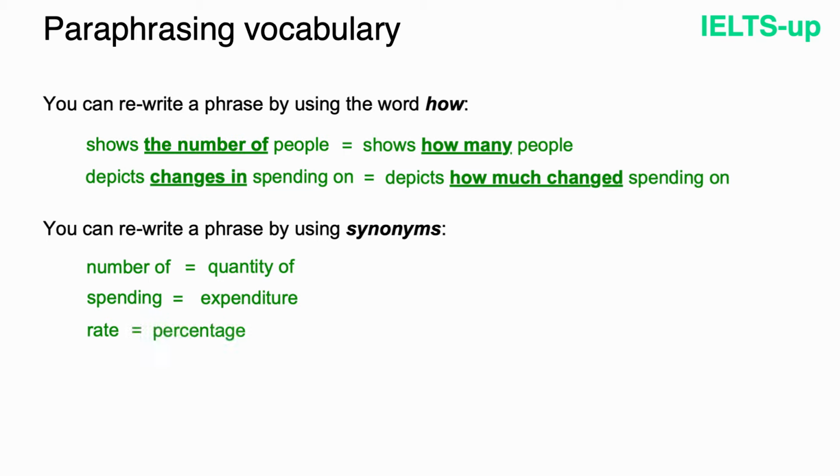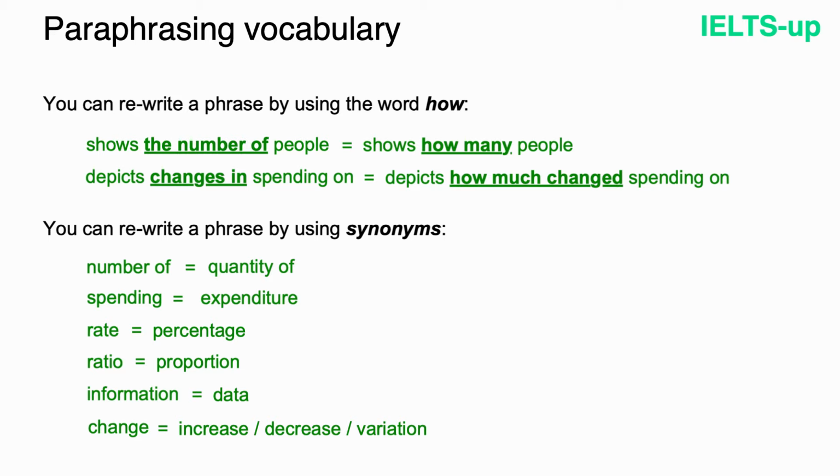Rate with percentage. Ratio with proportion. Information with data. Change can be sometimes replaced by increase, decrease, or variation. Share is equal to portion, and place is equal to site.